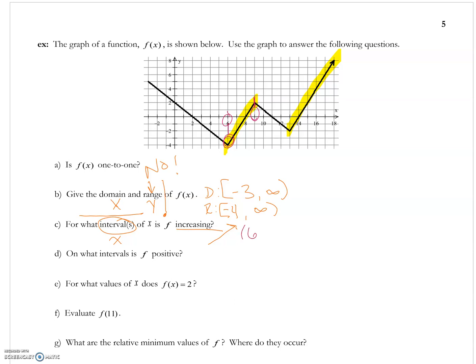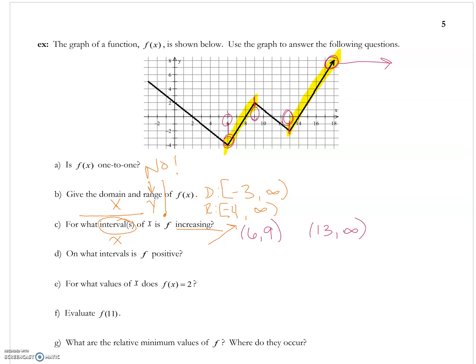So when I write that interval, I just write parentheses 6, 9. My second interval of increase starts right here when x is 13 and ends with this arrow, again meaning it goes on forever. So it goes from 13 to infinity.